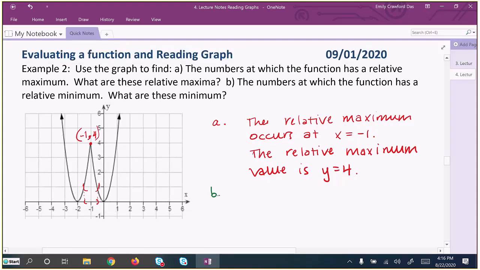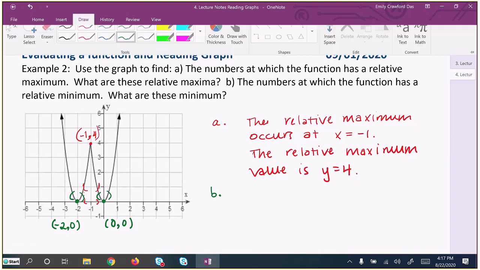Okay, what about relative minimums? So question B, the numbers at which the function has a relative minimum. So again, looking at this picture, it seems like it should be here and here, and these ordered pairs are (-2, 0) and (0, 0), because if I take a little open interval around each of these points, then all of the values in the open intervals around them are bigger than them.